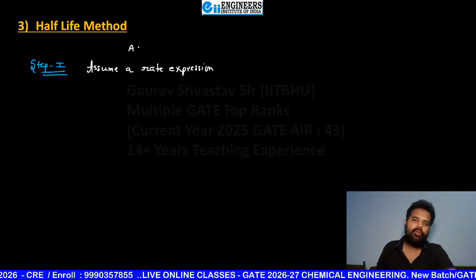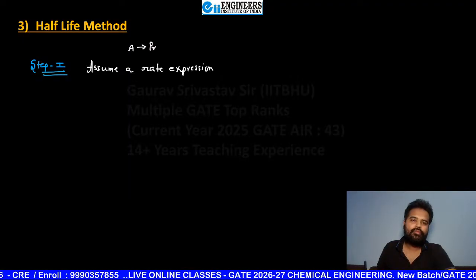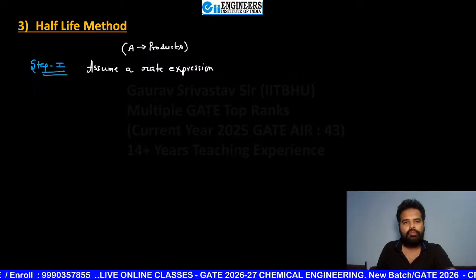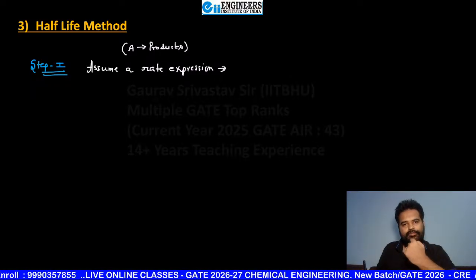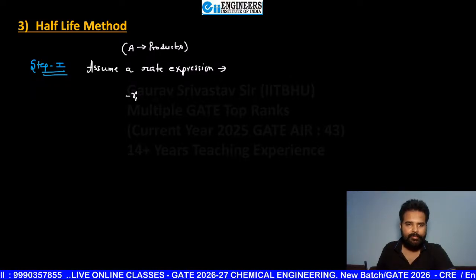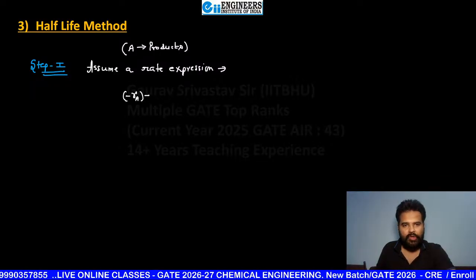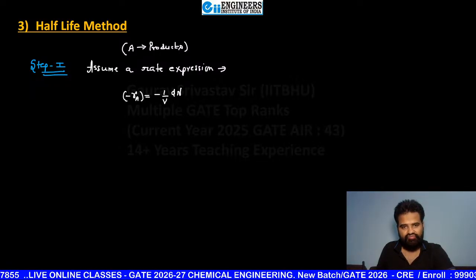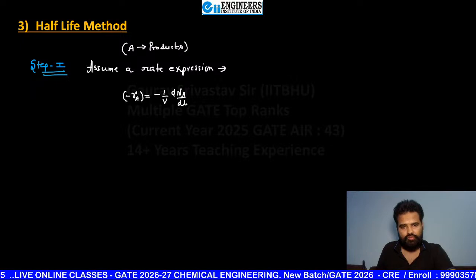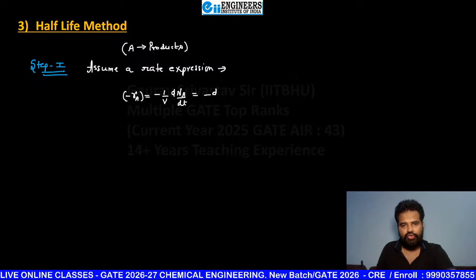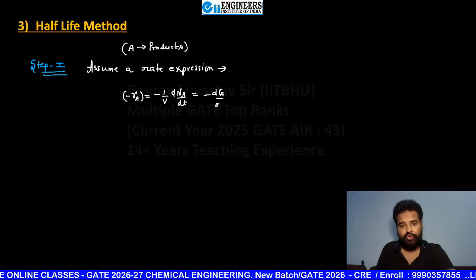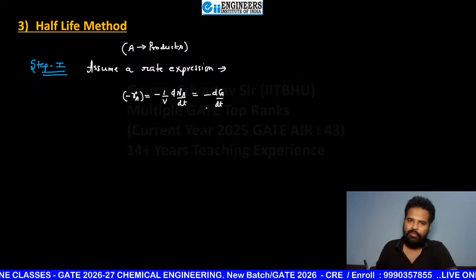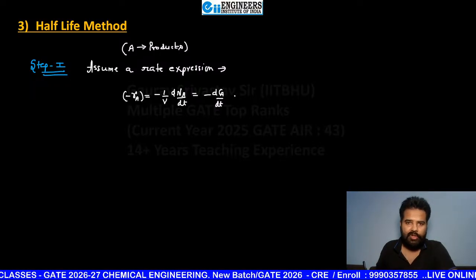For the given reaction, like RA equals, if epsilon equals 0, then directly you can write dCA by dt. If not 0, I will tell you in one or two lectures.